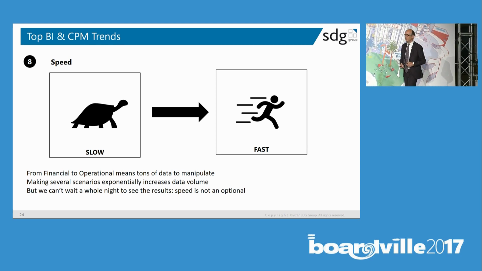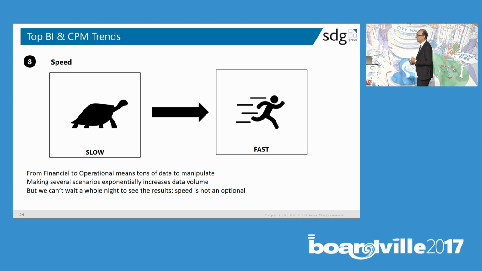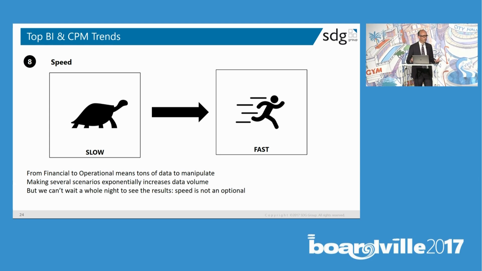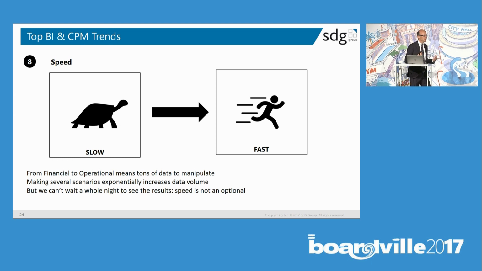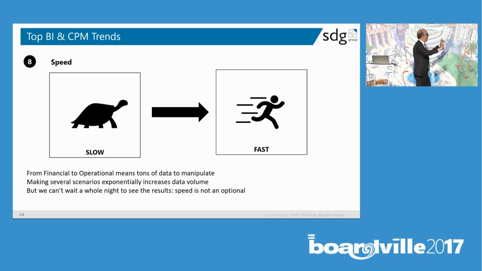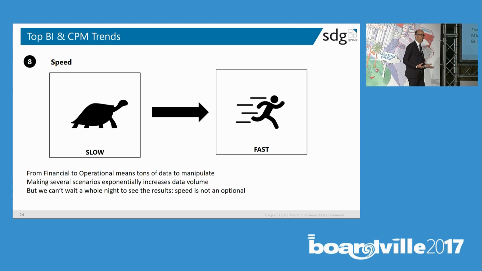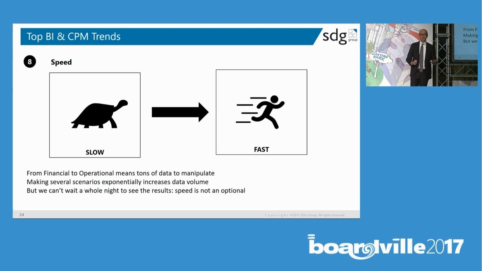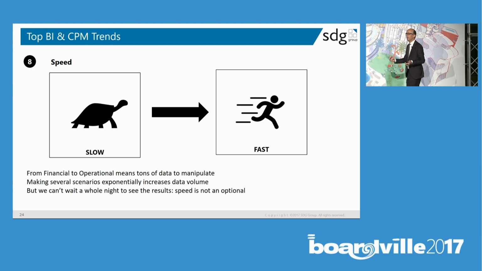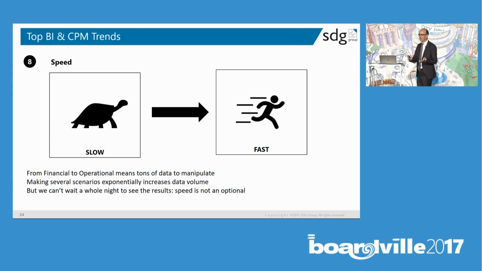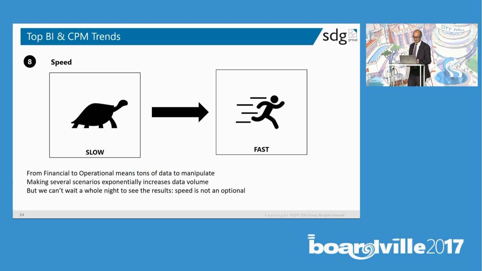My young colleagues always tell me that they can't wait an hour to see the result of a complete integrated budgeting solution. Okay, 20 years ago, we waited a whole night, and we were very happy to see the result.